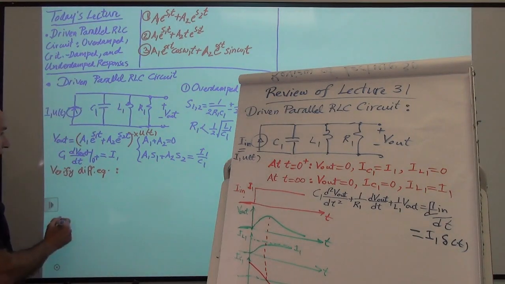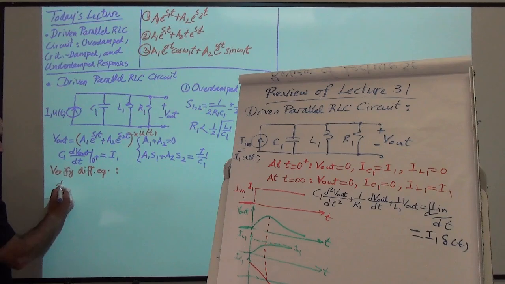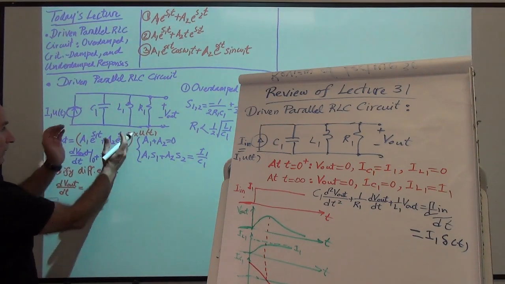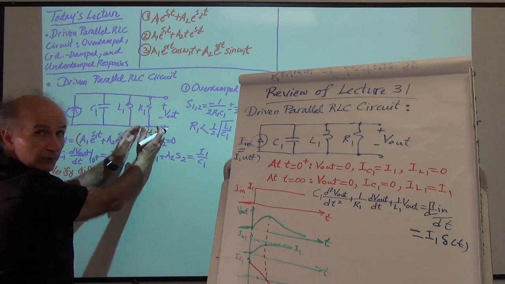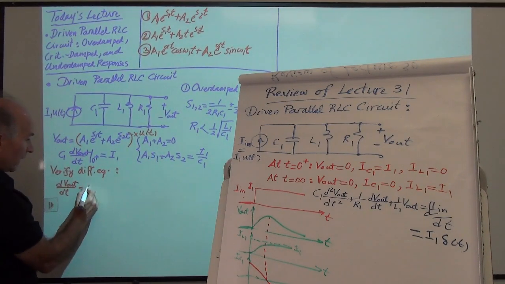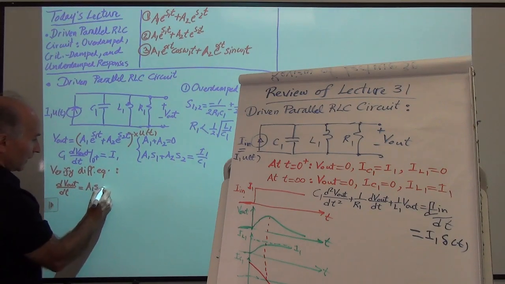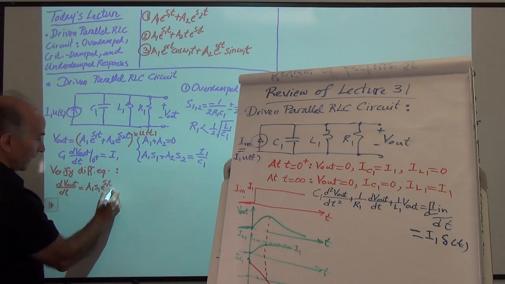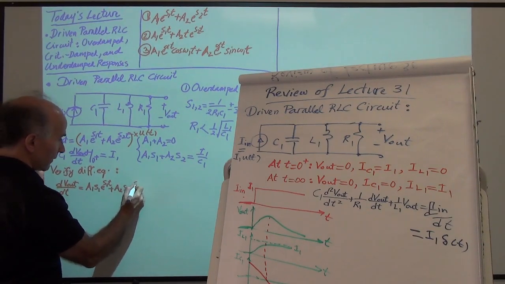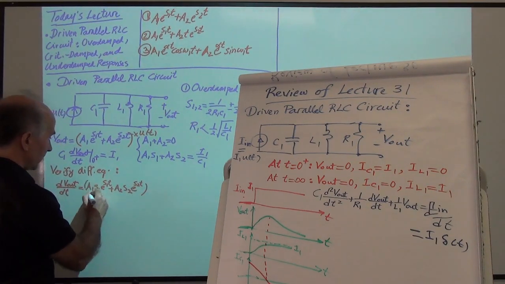Okay, so let's go ahead and find dV out over dt. So that's just the derivative here. We have the derivative of this part times u of t, then derivative of this part times this. So we have A1 S1 e to the S1t plus A2 S2 e to the S2t, times u of t.